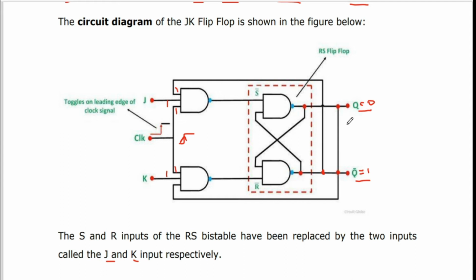And the lower NAND gate receives a 0, because it is connected to Q. So what will happen? The upper NAND gate will produce a low, and the lower NAND gate will produce a high.